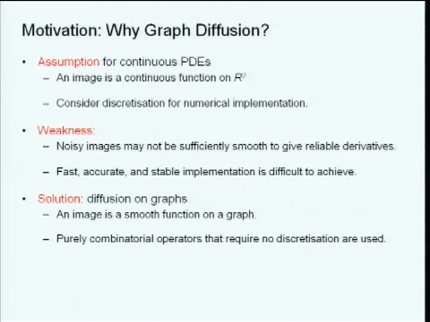There are a number of weaknesses that arise from this. First of all, noisy images may not be sufficiently smooth to give reliable discrete estimates of the derivatives required to perform this process, and as a result, fast and stable implementation can be difficult.